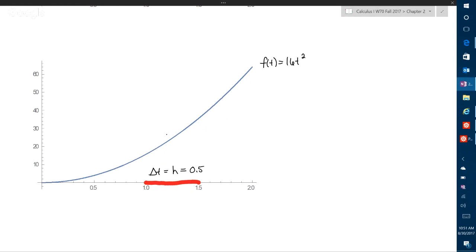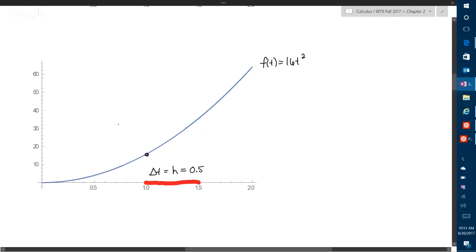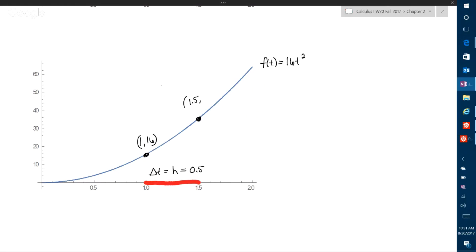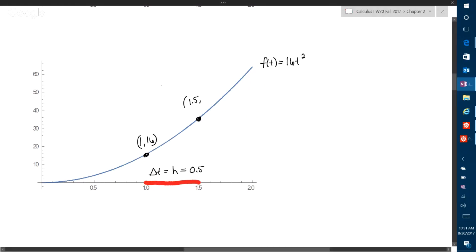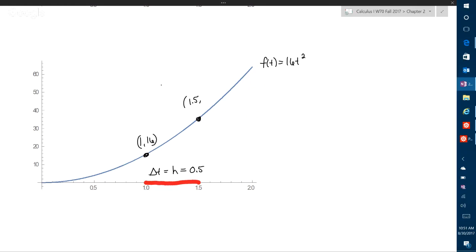Now we just need the y values. We know that this is 16. But for 1.5, that's going to be a new value. To calculate it, I just have to take 1.5 and substitute it in for t up there. I'll give you guys a second to do that.